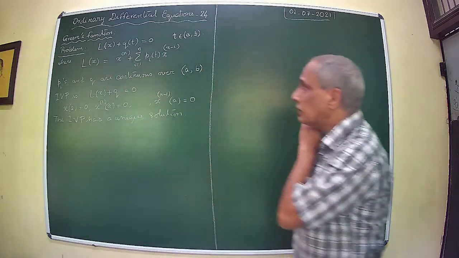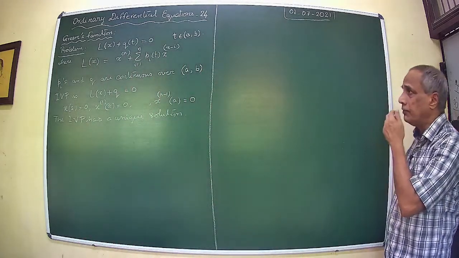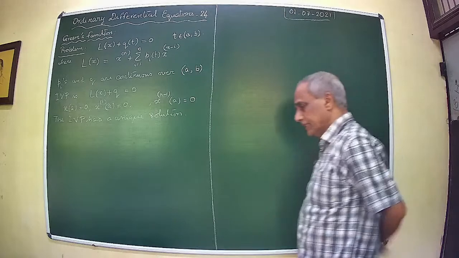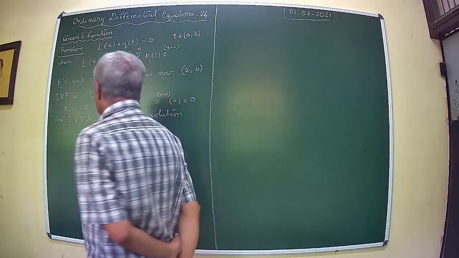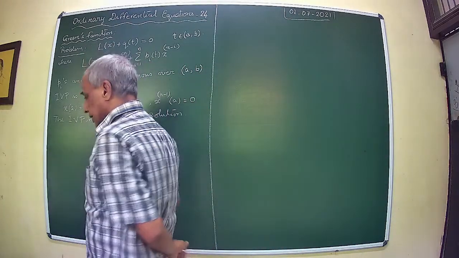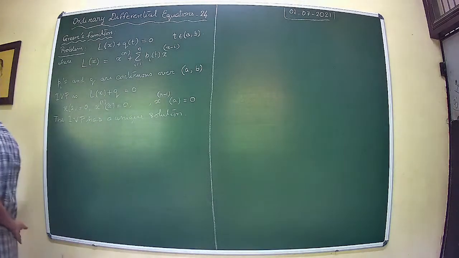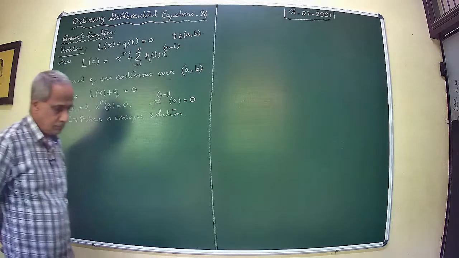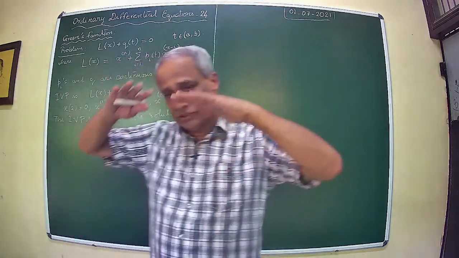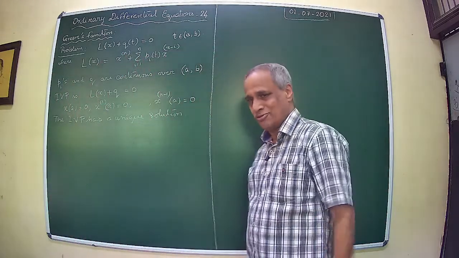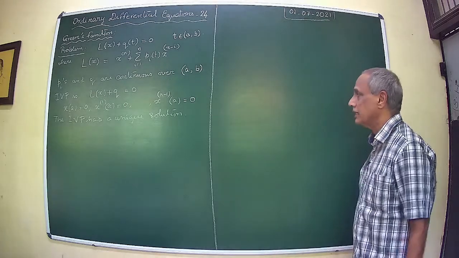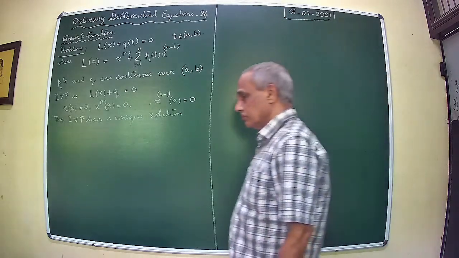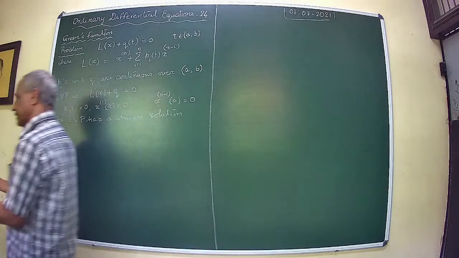Now what we want to do is the following. Of course, given a particular Q, we are interested to find the corresponding solution. But now suppose you take the whole class of continuous functions on the interval AB, and for each one of them you want to find out the solution.